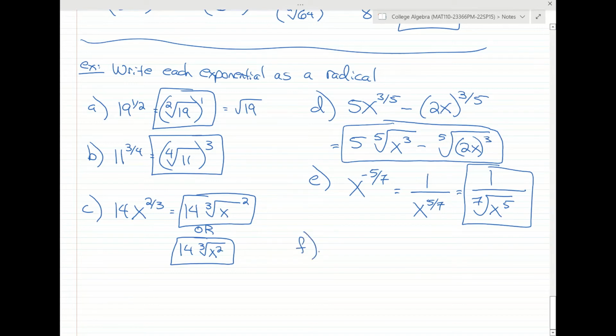Last one for this type of example would be x to the 3rd plus y to the 3rd to the 1/3 power.